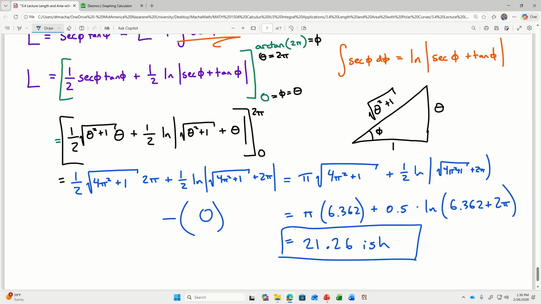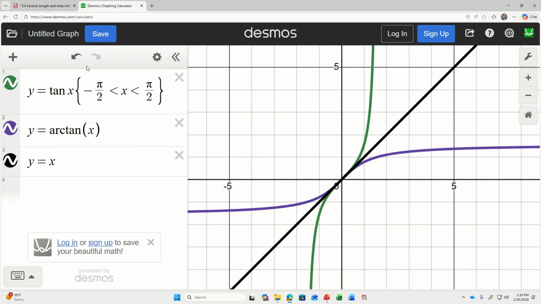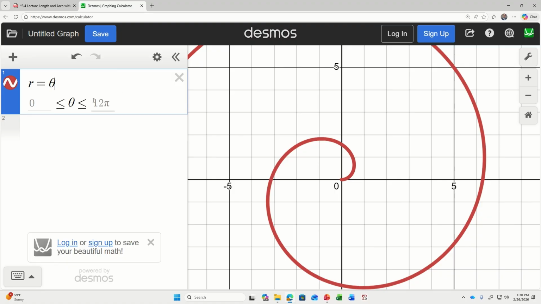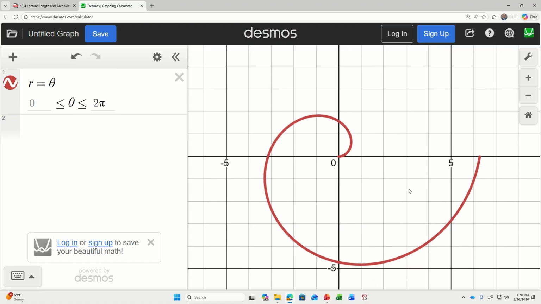Okay, so the question is, does our curve look like it's about 21 units long? Man, I'm really bad at estimating this.